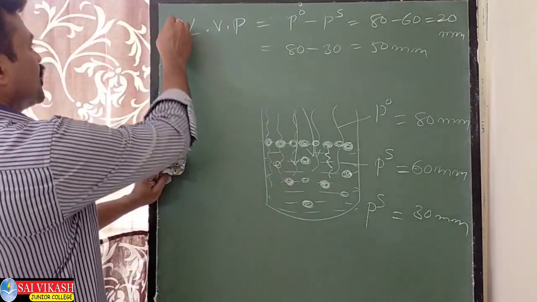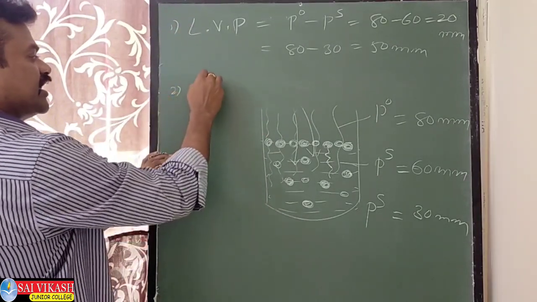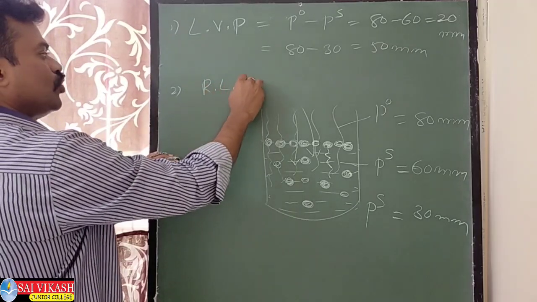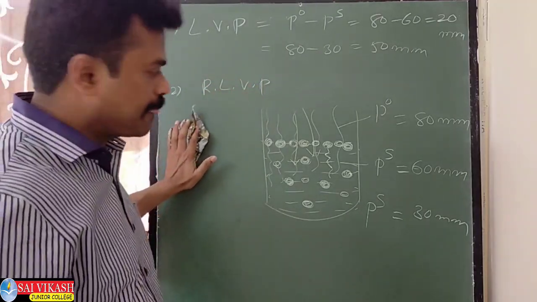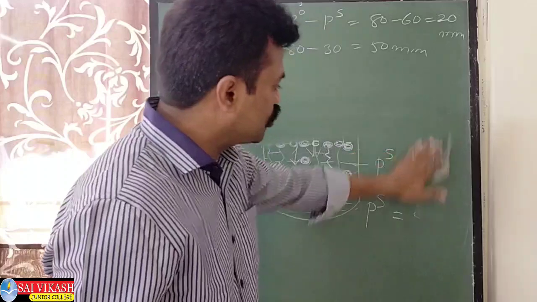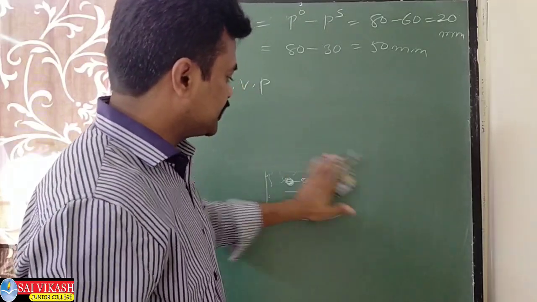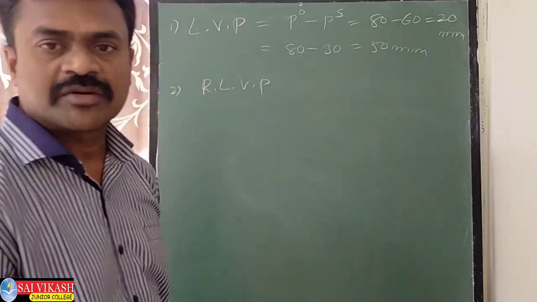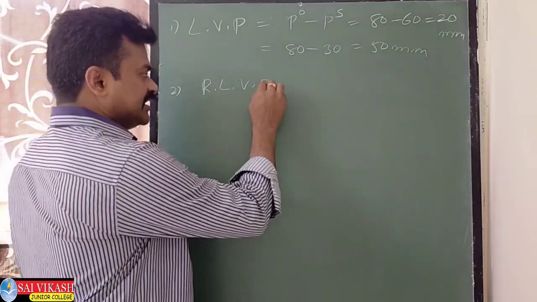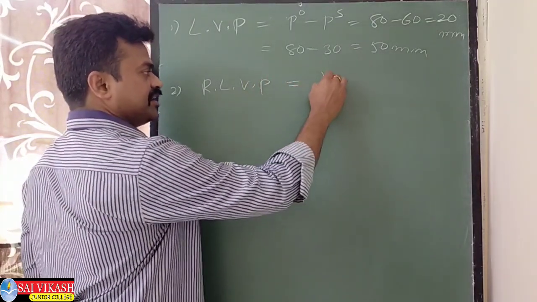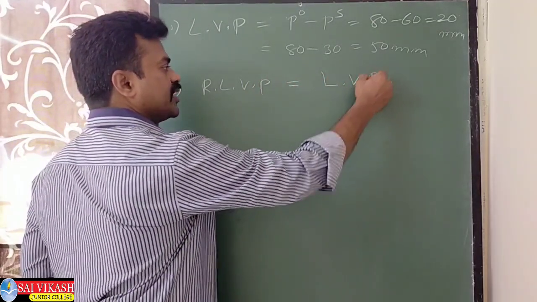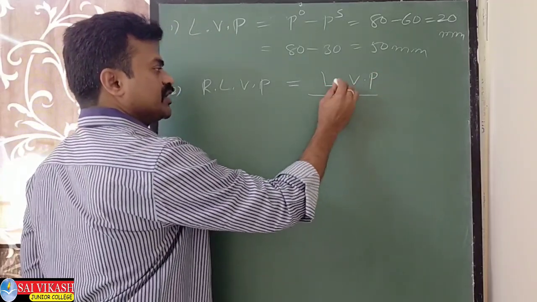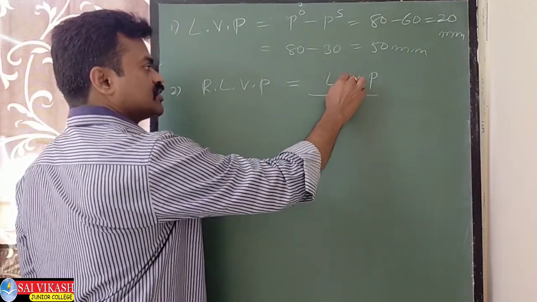After this lowering of vapor pressure, there is one more, relative lowering of vapor pressure. This is one more point. This is nothing but the ratio between the lowering of vapor pressure to the vapor pressure of the pure solvent.